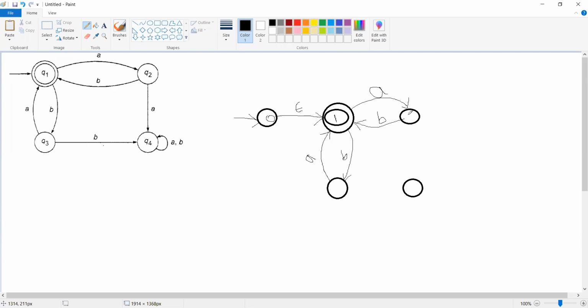So this is state 1, this is state 2, this is state 3, and this is state 4.